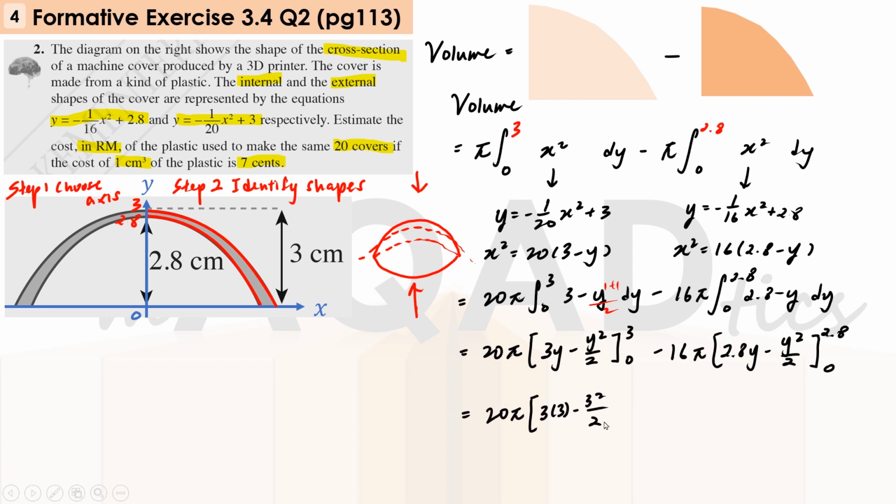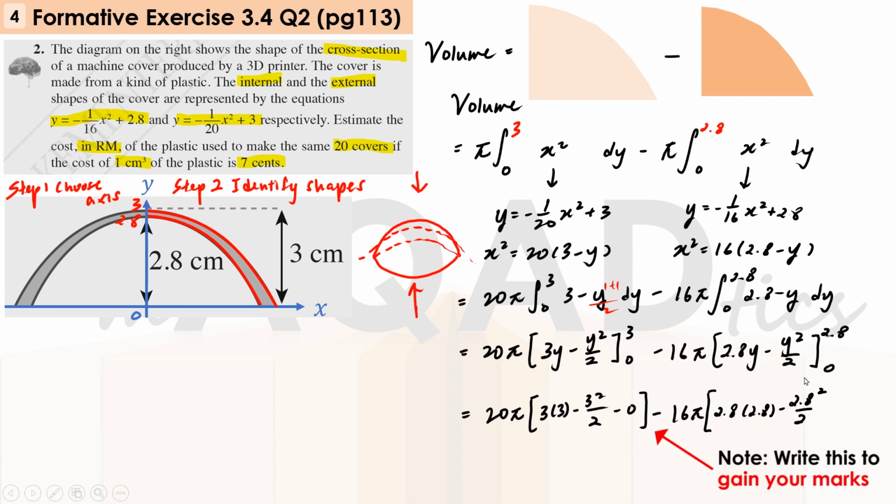So this is the 3, and this is 0. So 0 is straightforward, everything will become 0. And for this one, I just substitute 2.8 inside, this is the working, and 0 I put inside, it will be 0. Once I simplify everything here, the final answer will be 37.28 pi cm cube.